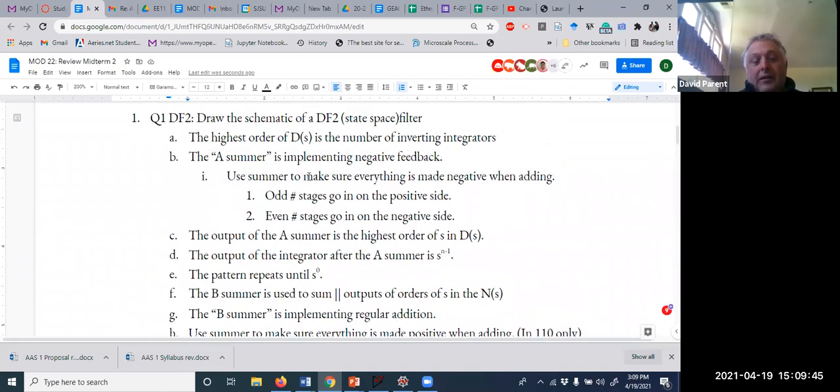But yeah, you could have a high, a low, a band, a notch, second order, fourth order. Band and notch can really only be, at least for Butterworth filters, can really only be even.